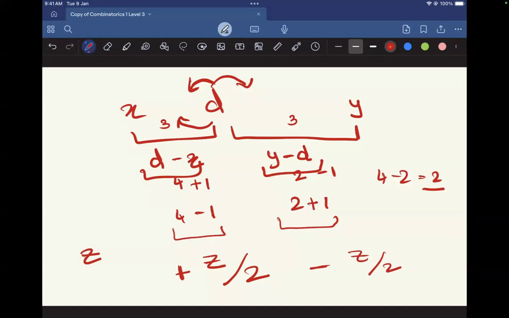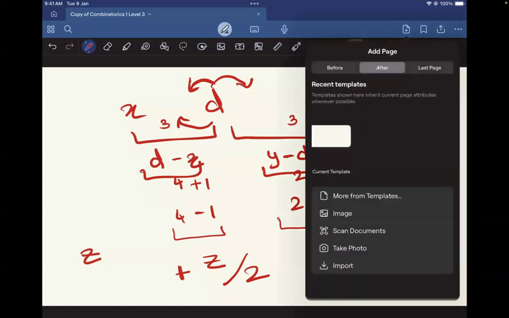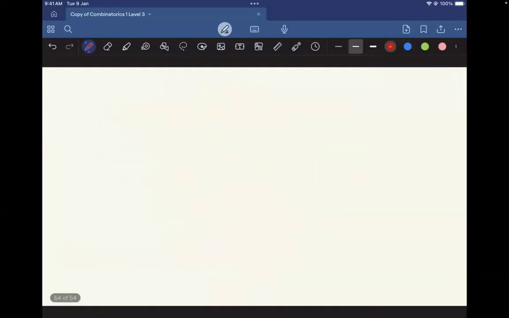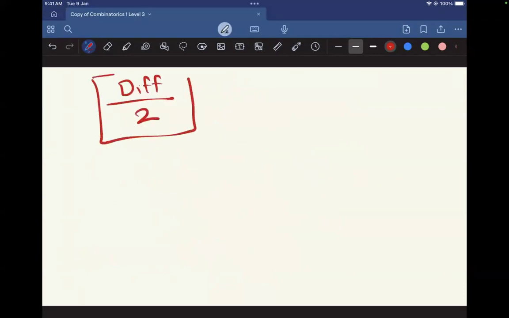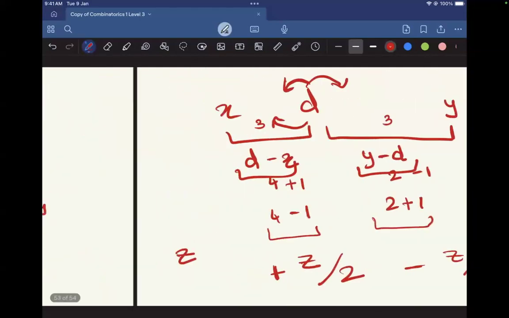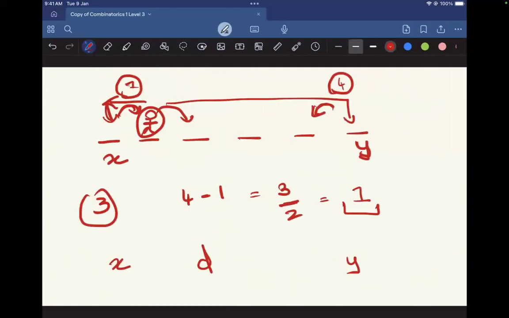Yes. Now, if this much is clear, if the difference between them is the difference, I am performing difference by 2 moves. Okay. Keep this in mind. After this, do you agree, guys? If in the start, this distance is 1 and this distance is 4.